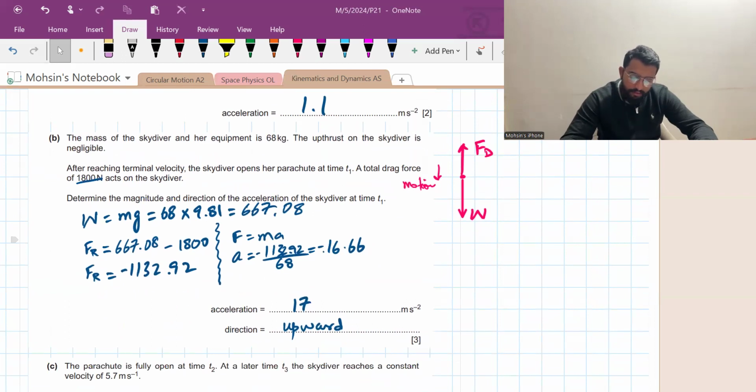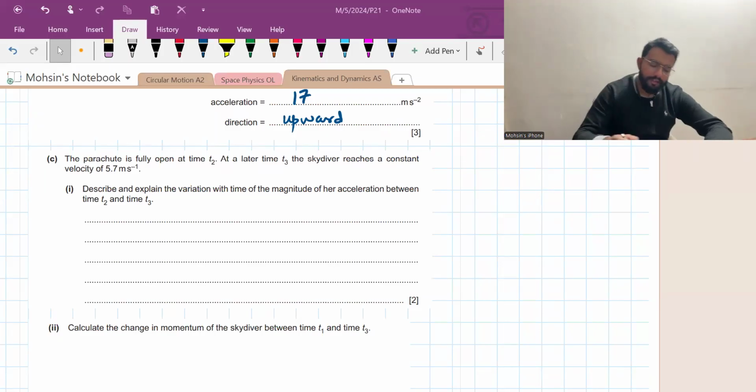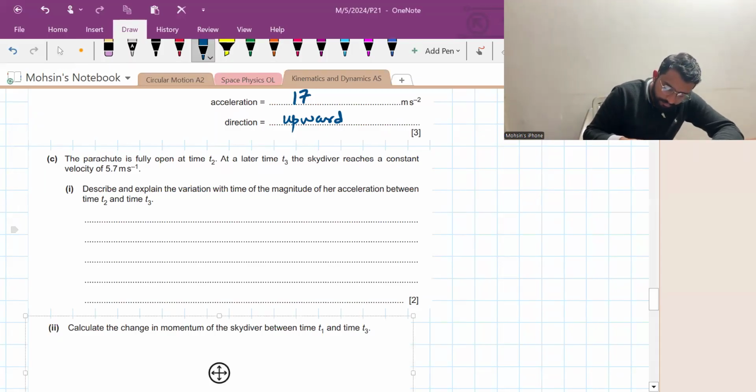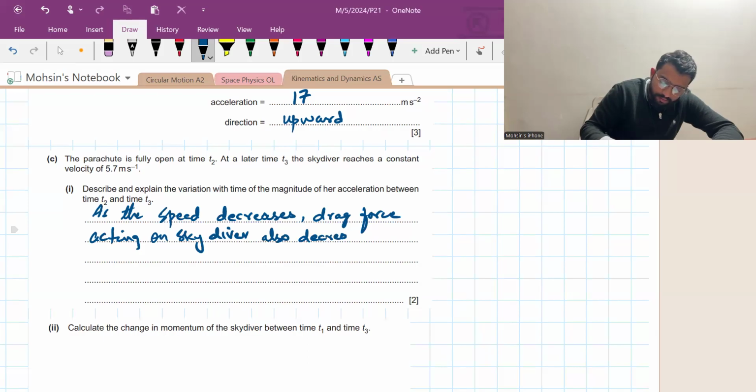Okay, so here what I'm going to write here: as the speed decreases, drag force acting on a skydiver also decreases.